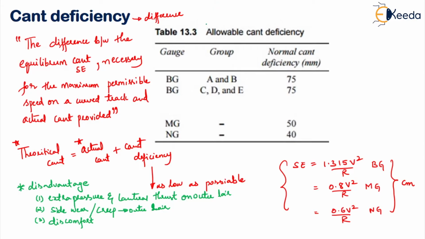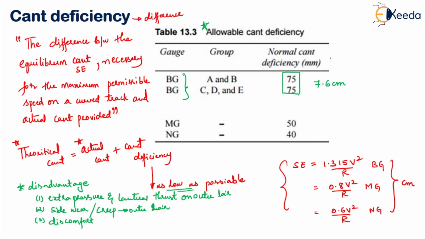Now coming to allowable cant deficiency. So what are we telling? It should be as low as possible, right? So there is some standard allowable value. More than this you cannot go. So for broad gauges you have two groups. AB will come under one group and CDE will come under another group. So for both of them the normal cant deficiency what we can provide is 75 mm, or if you want to write it in centimeters, 7.5 centimeters, right?